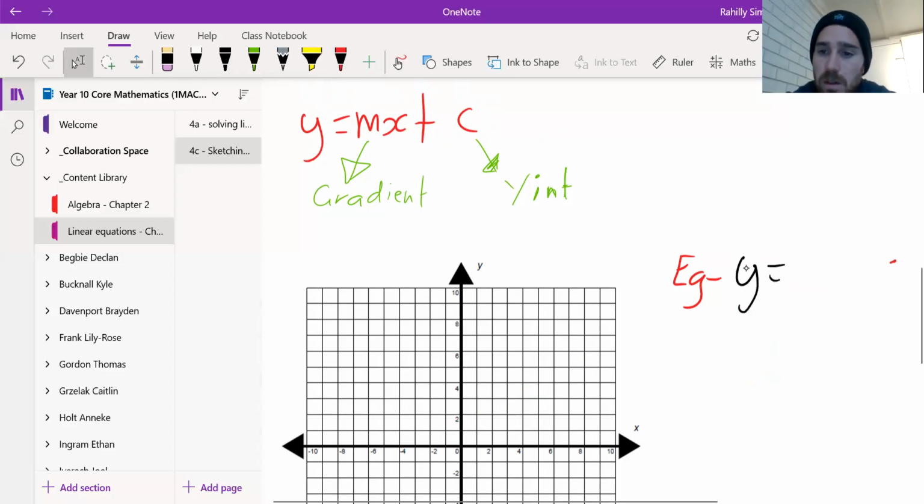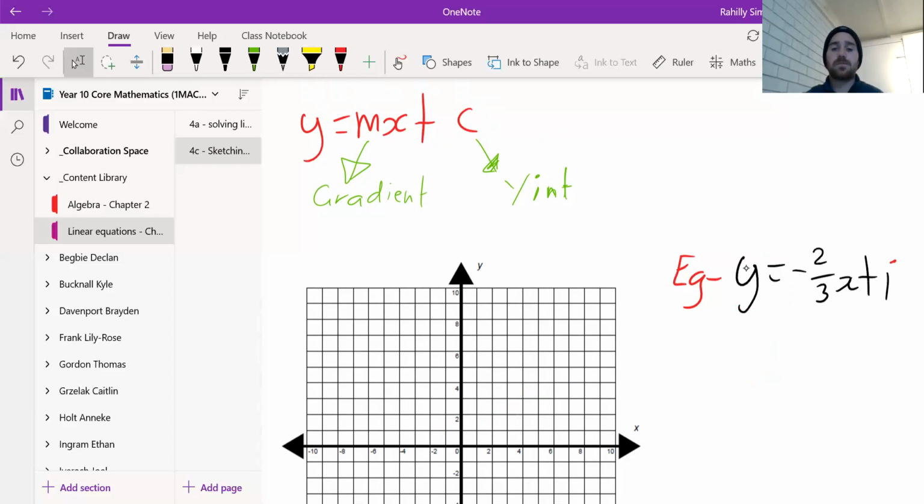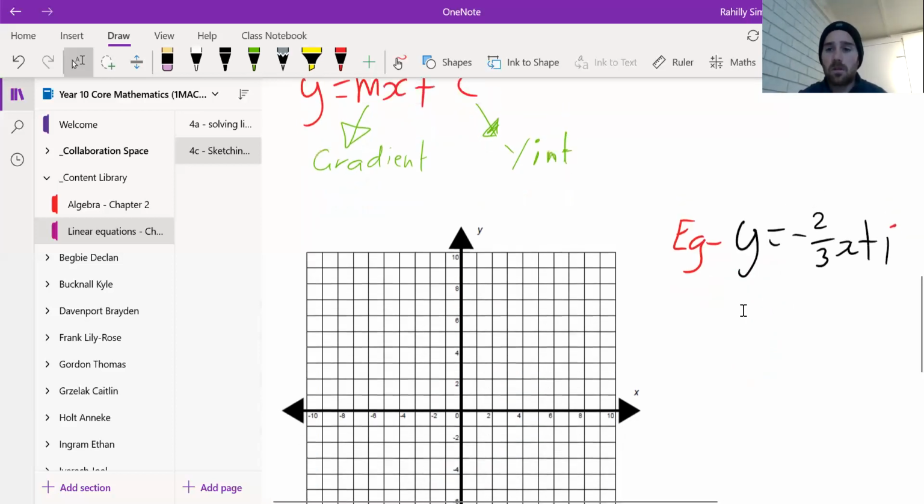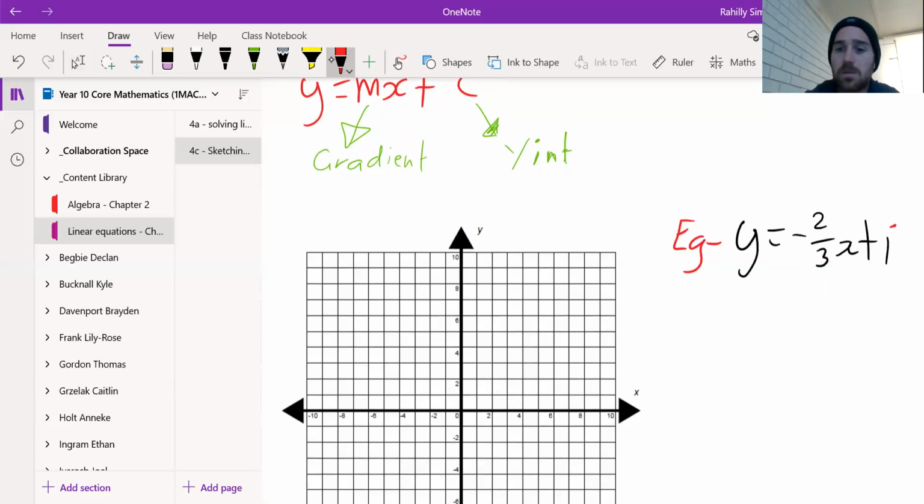Y equals negative 2/3 x plus 1. Our y-intercept, which is c here, is 1.